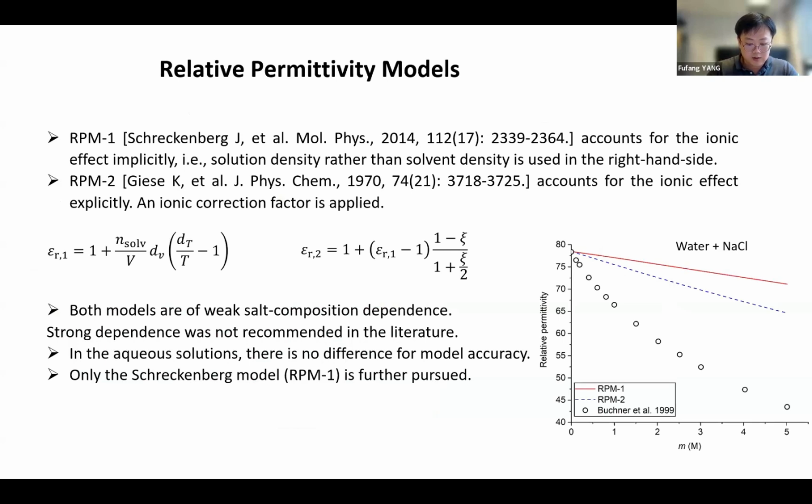One of the models accounts for the salt composition implicitly. There is no direct dependence on salt composition, but the solution density depends on salt composition. And in the second model, this first model is used, and further salt composition dependence is applied explicitly. Both of these models have weak salt composition dependence.